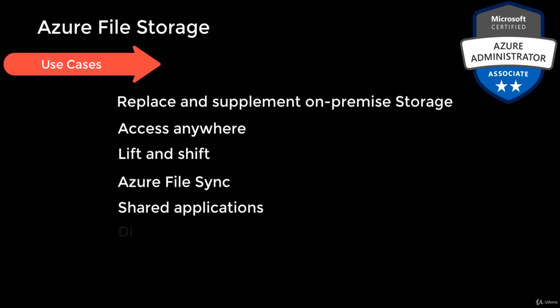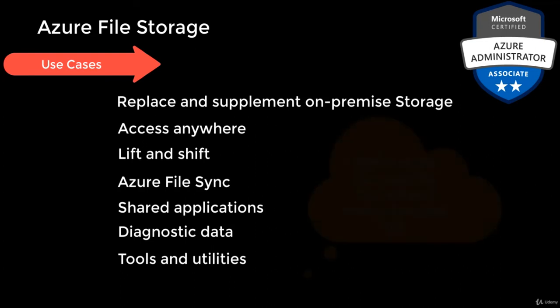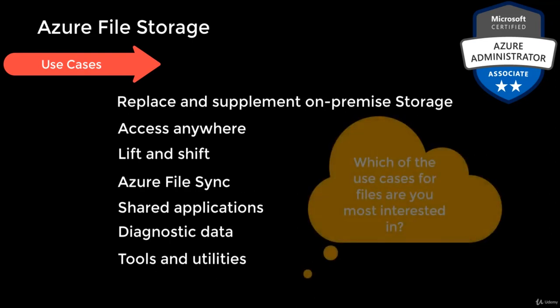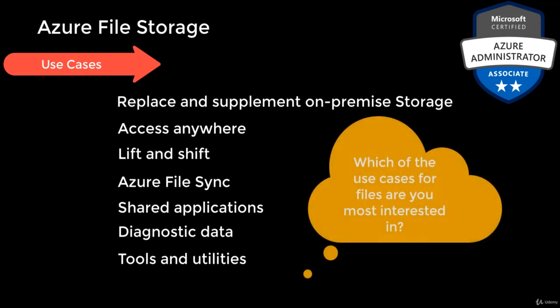You can also use Azure File Shares for storing diagnostic data such as logs, metrics, and crash dumps in a shared location. File shares are also used for storing tools and utilities needed for developing or administering Azure virtual machines or cloud services. Which of these use cases for files will you be most interested in?